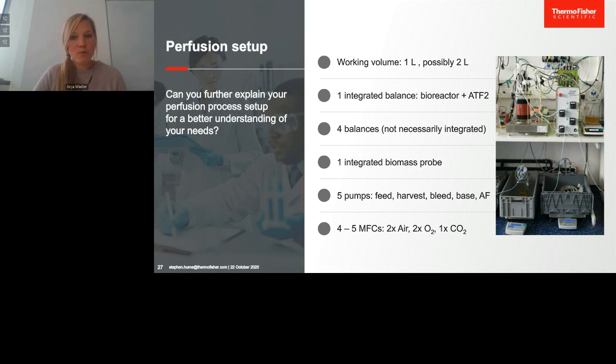And depending on the process, we use 4 or 5 mass flow controllers for air, oxygen, and CO2. All mass flow controller outputs can be assigned to the 3 different gas output connectors, just as you need, like for aerating the headspace or with the sparger.